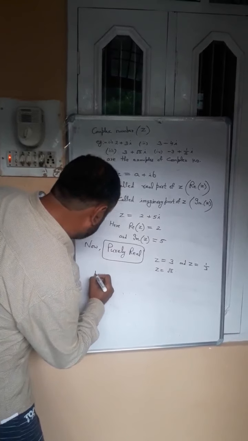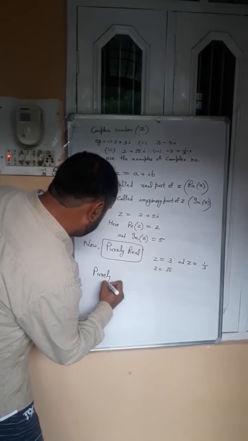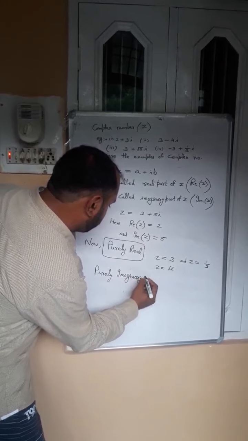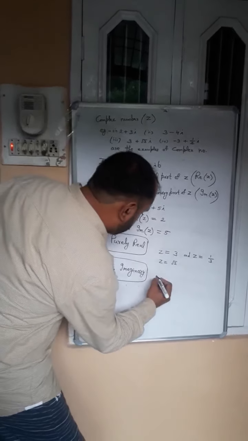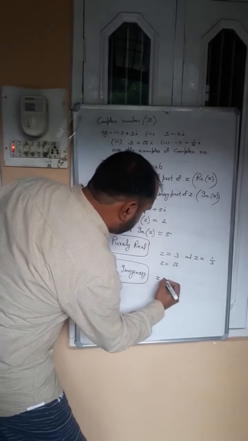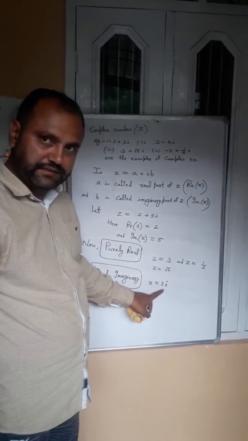And purely imaginary. Purely imaginary means z is equal to 3 iota. Here the real part is 0 and the imaginary part is 3.